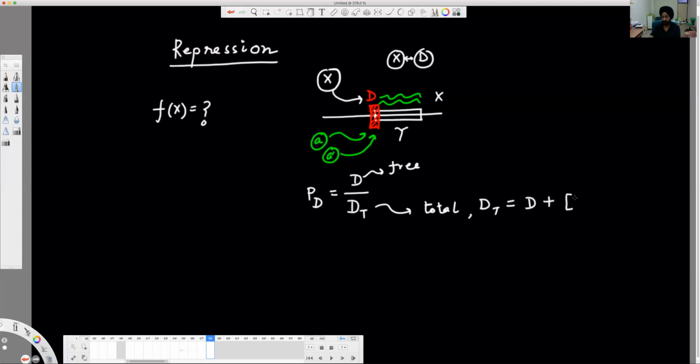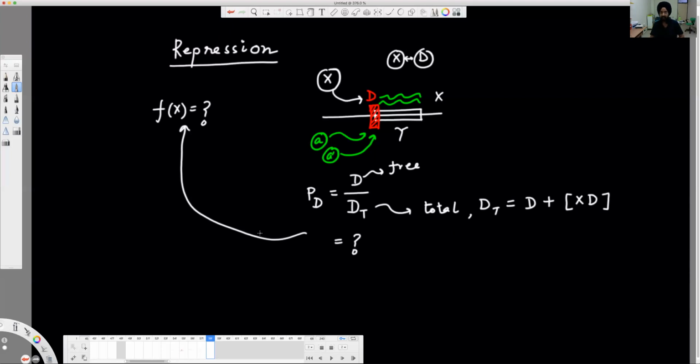X, right? So now I'm using the concentration terms. Dt is the total concentration of DNA, which is the free DNA plus the bound DNA, and the bound DNA is given by the complex XD, right? So when I use square bracket in chemistry, it means a complex. Right? So if we can find this, now we do not know this. If we can find this, then this is simply proportional to f of X in terms of X, of course, right? So that's the objective here.